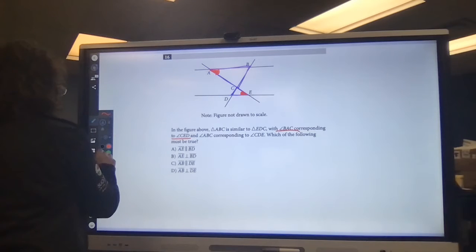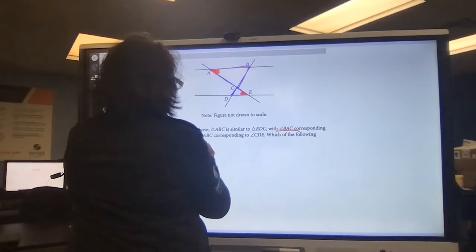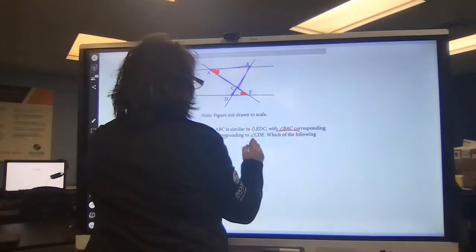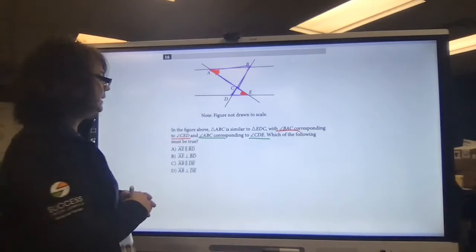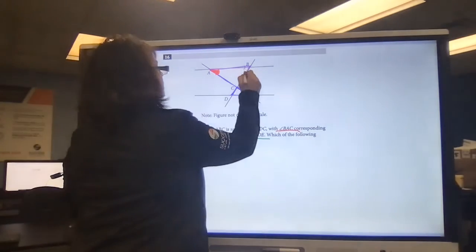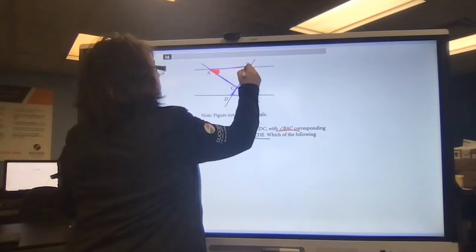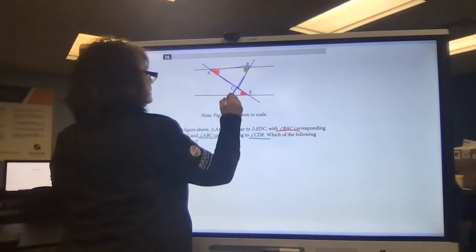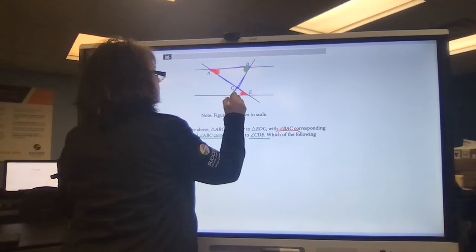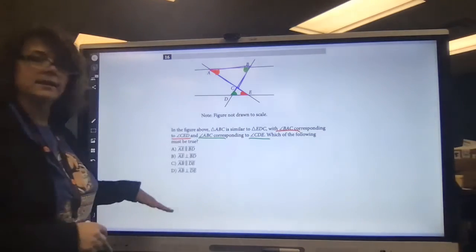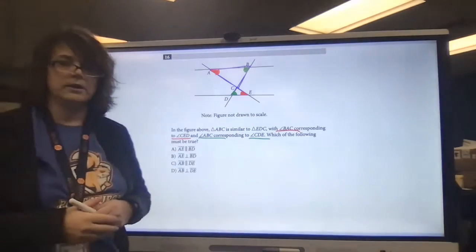Then it goes on to tell us that angle ABC corresponds to angle CDE. I'm going to draw that in as well. Angle ABC is right here, and it corresponds to angle CDE, which is this angle right here. And it's asking us to find which of the following are true.